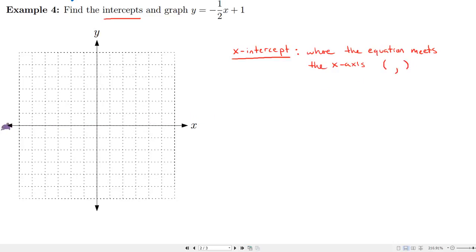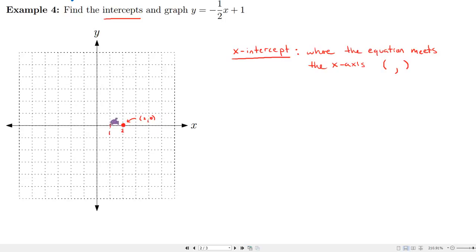Okay, so that's going to be a point of what form? Well, if you're hitting this x-axis, what do you notice about the points that are on that x-axis? Well, they have a coordinate. So for example, let's say this is 1, 2. For example, this point right here, what are the coordinates for that point? The coordinates for that point are 2, 0, right?